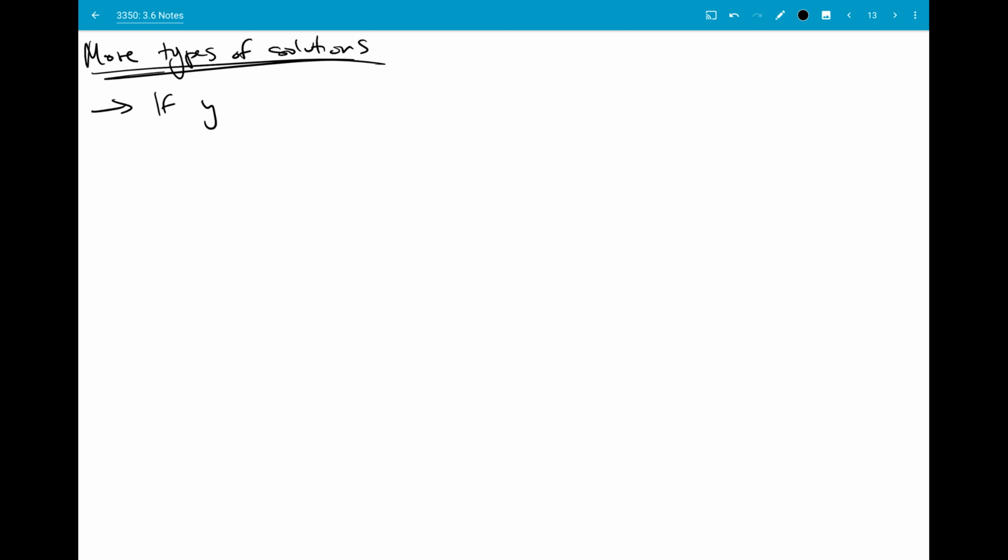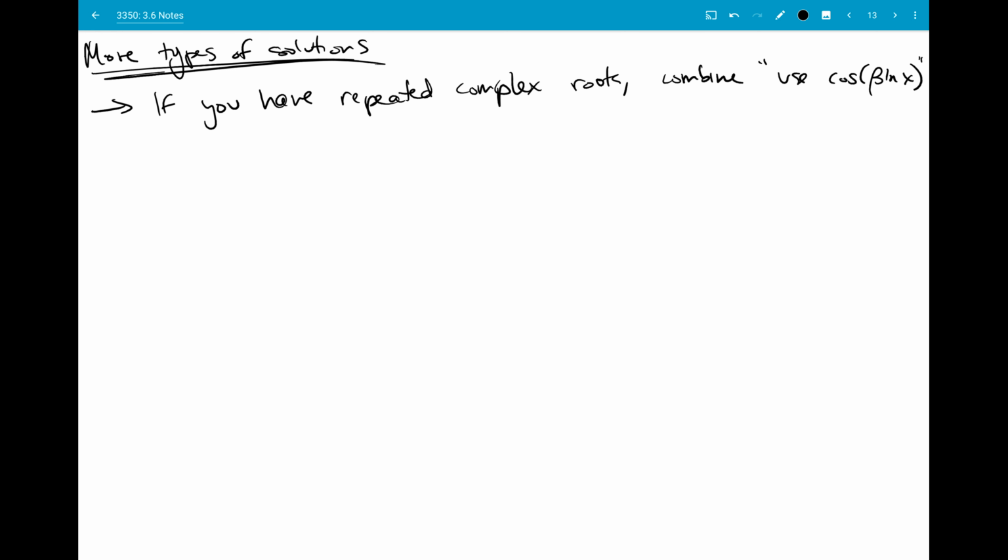If you have repeated complex roots, combine them: use cosine of beta ln x and sine of beta ln x, multiplied by powers of ln x.